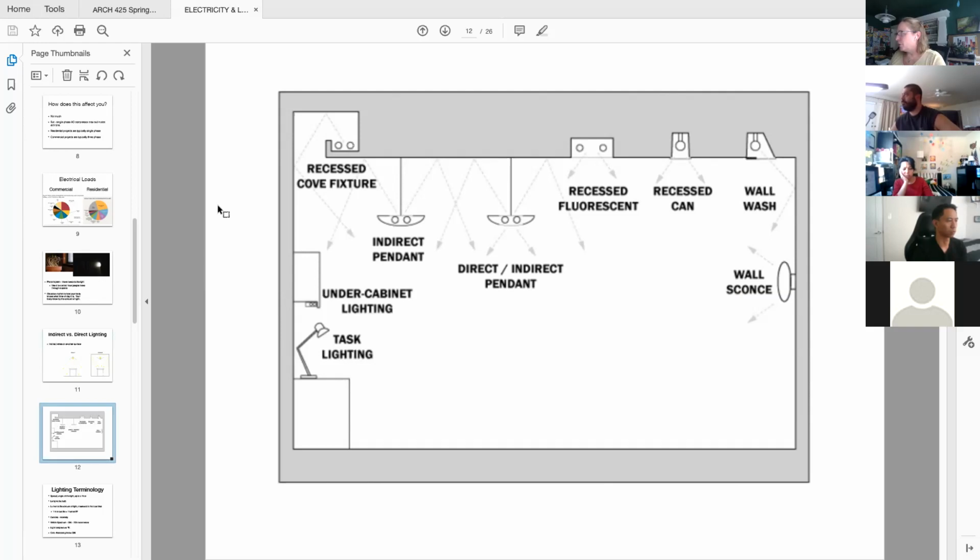Many pendant fixtures, though, you'll find can be both direct and indirect. Then for indirect fixtures, there's wall washers, under cabinet lights, a recessed cove light, and the indirect component of a pendant fixture. All of those indirect fixtures are going to rely on the surfaces around them to help distribute their light to meet their design goal.